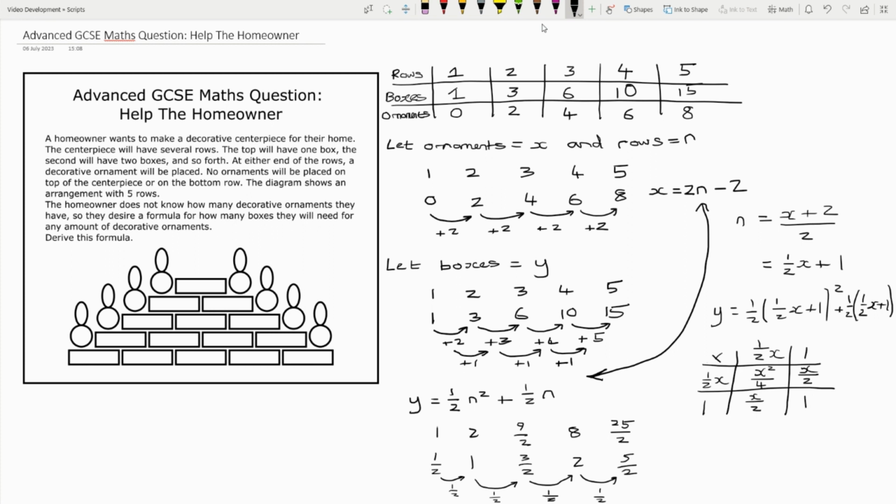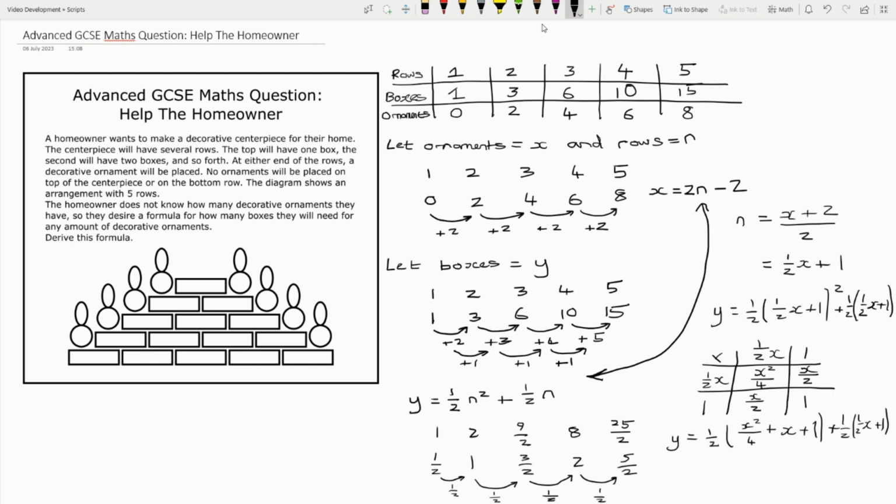So that means our expansion is equal to, so y is equal to a half times x squared over 4 plus x plus 1, plus a half x plus 1.